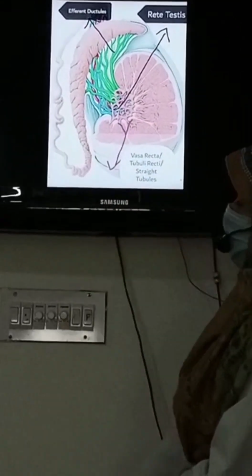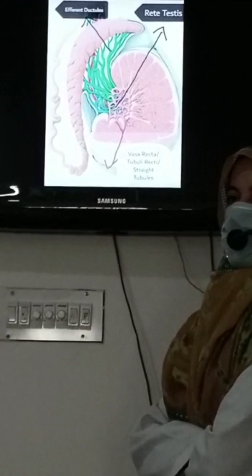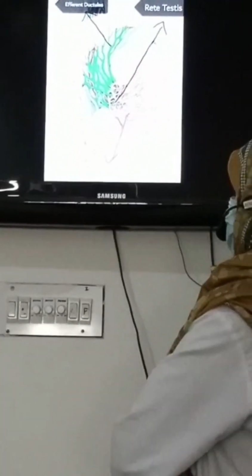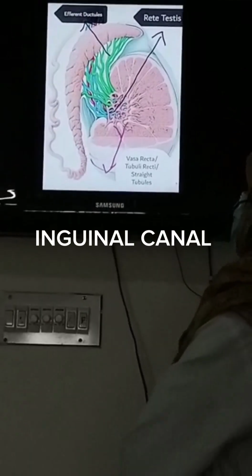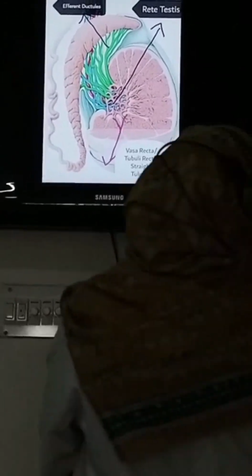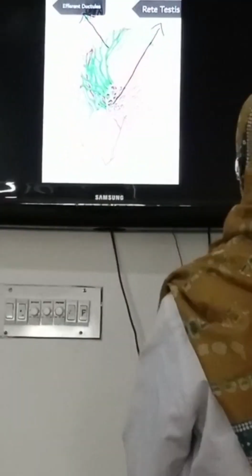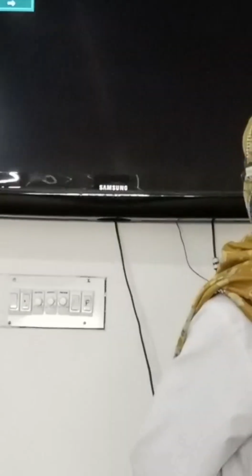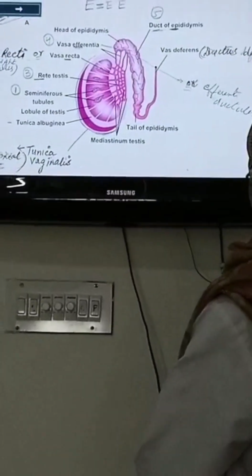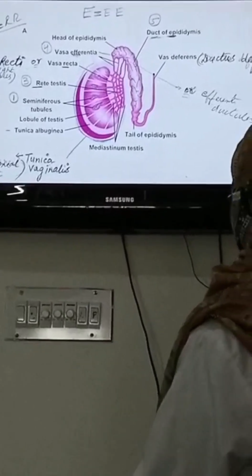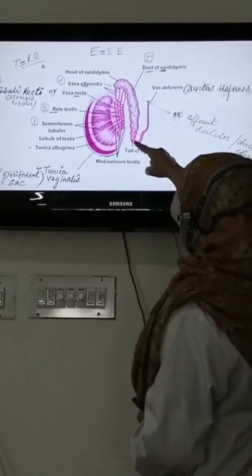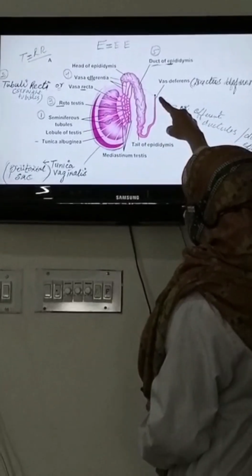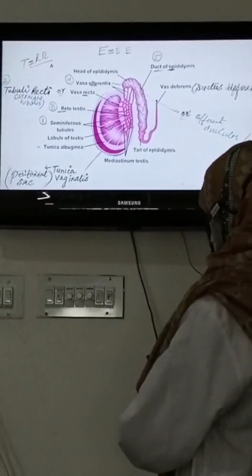And you know that, being the internal content of the spermatic cord, it has to traverse the inguinal canal, and finally it enters into the pelvic cavity. Let's find where it goes. Another schematic view to show you the duct of epididymis, and its tail is later continued with the ductus deferens or vas deferens.